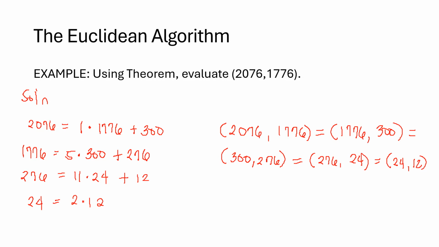This means that the GCD of 2076 and 1776 is equal to 12. So this is now the final answer. Therefore, the last non-zero remainder in this procedure is the GCD.